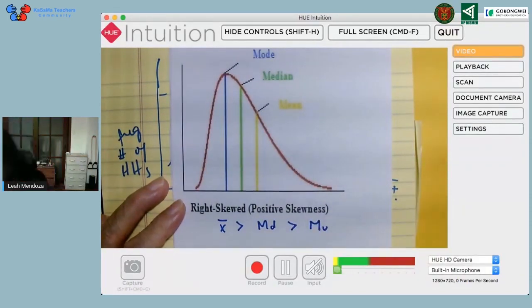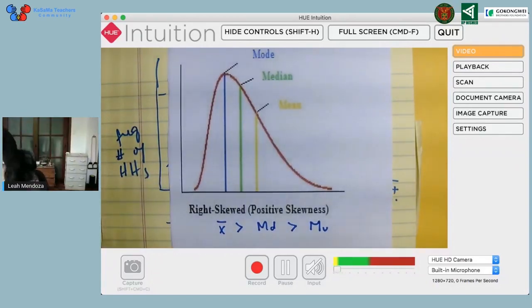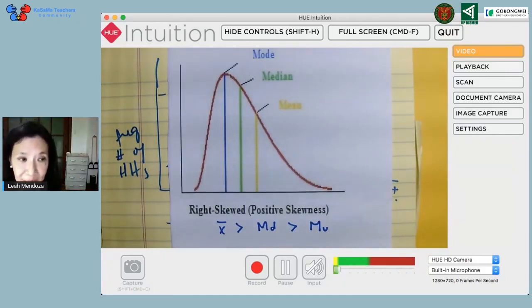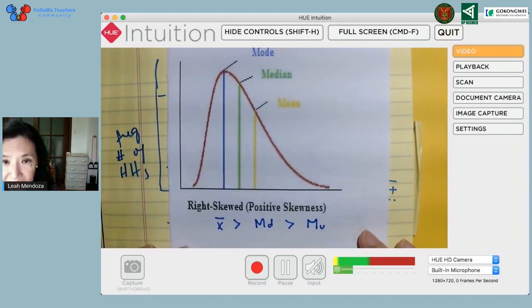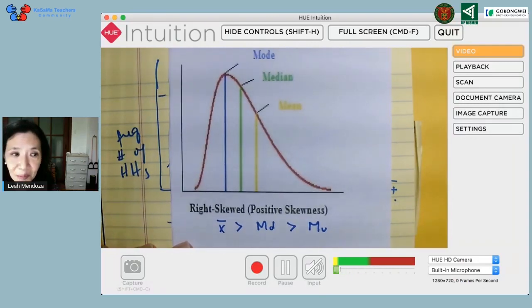And there are other examples aside from this. Okay, scores in a difficult exam. Why are scores in a difficult exam positively skewed? In any class, even if you give a difficult exam, there are always 1, 2, 3 who are very good.